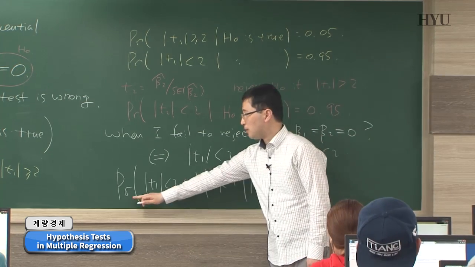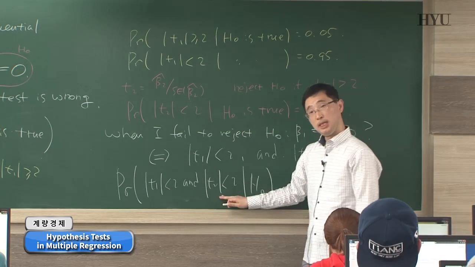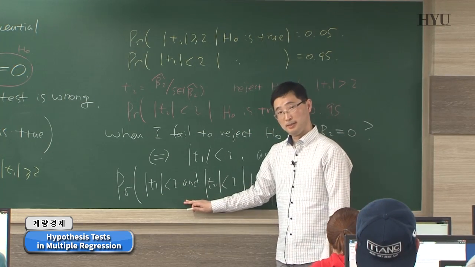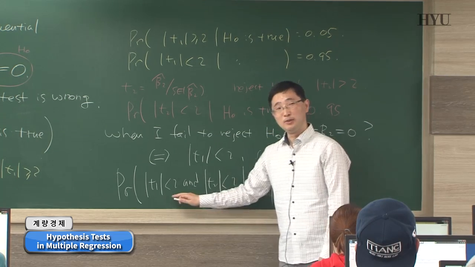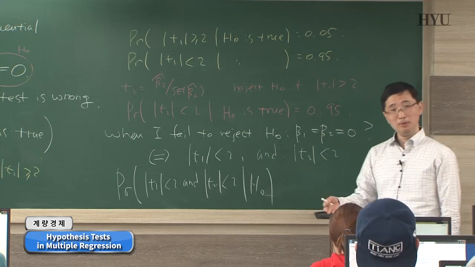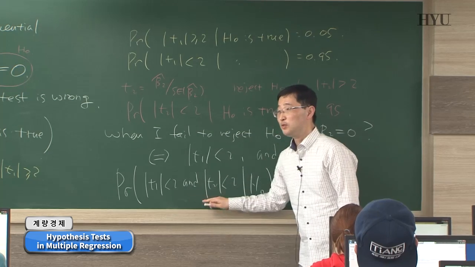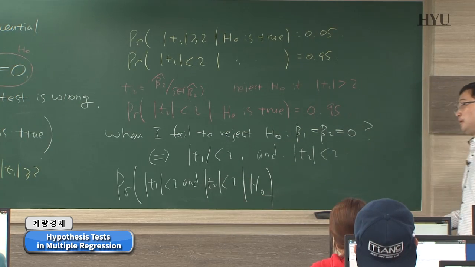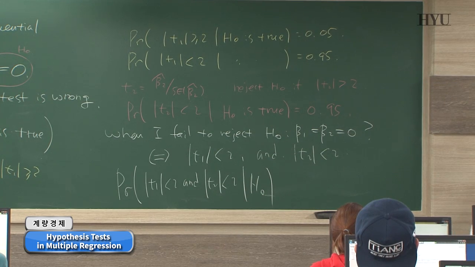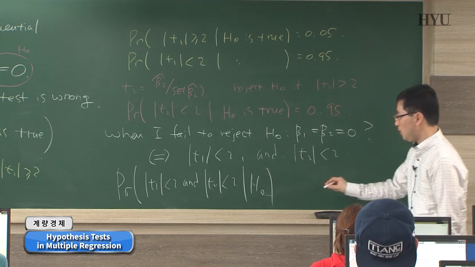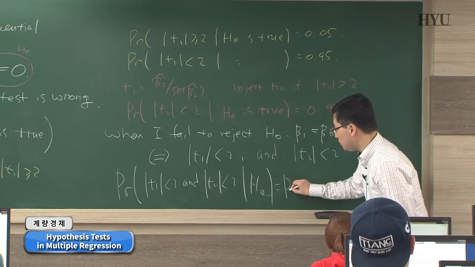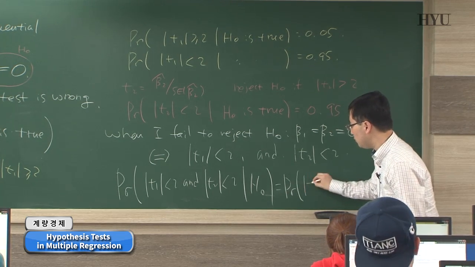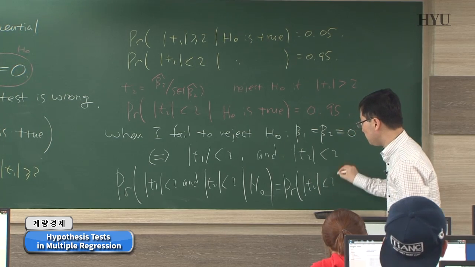Now, this is a probability of A and B, a joint probability, usually very hard to calculate. So to make things simple, let's assume that the two events A and B are independent, just to make it easier.